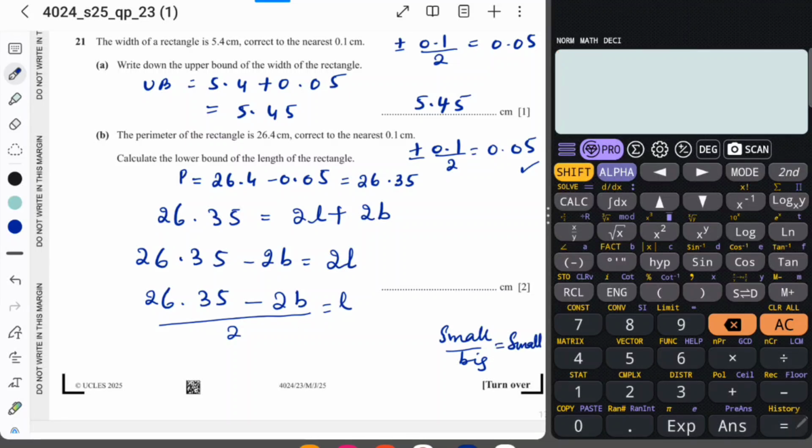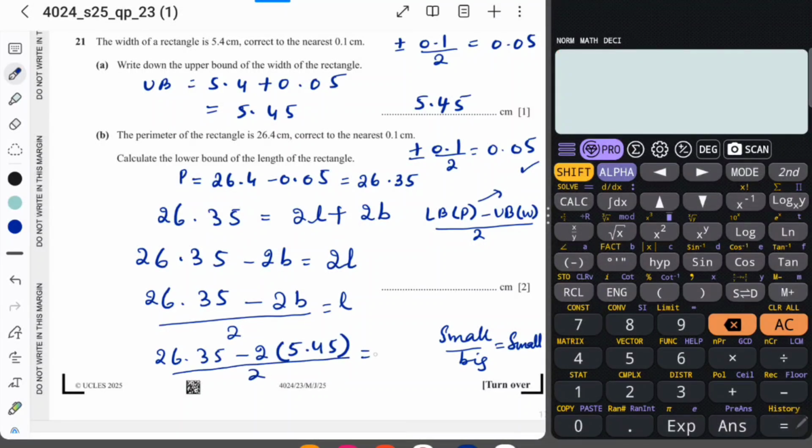That's why I'm substituting the lower bound of the perimeter and the upper bound of the width divided by 2 to get the smaller number. So this is 26.35 minus 2 times 5.45, which is the upper bound, divided by 2. That's the length.